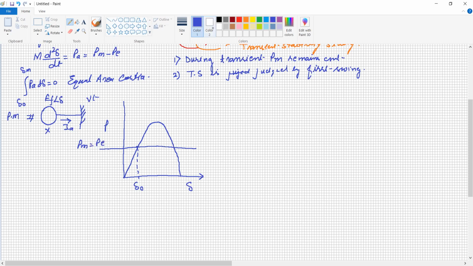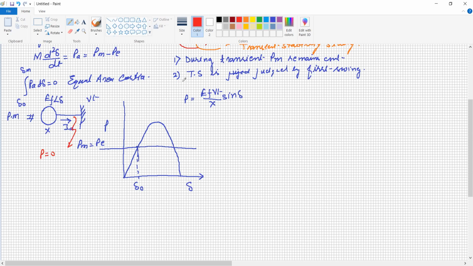Now suppose suddenly the fault occurs over here and the power P goes to the 0 value. No doubt here the equation is the same which we have already considered. P is equal to EF Vt upon X into sine delta. So when the power goes to the 0 value, this is the operating point initially. This comes over here.